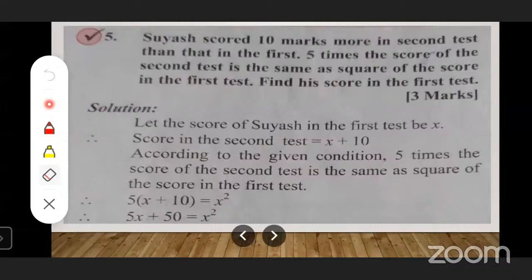Okay, let us first of all concentrate on the first line. Suresh scored 10 marks more in the second test than that in the first. So let us first of all assume, let the score of Suresh in the first test be X. First of all, we need to know the score in the first test, then only can we write the score in the second test, right?